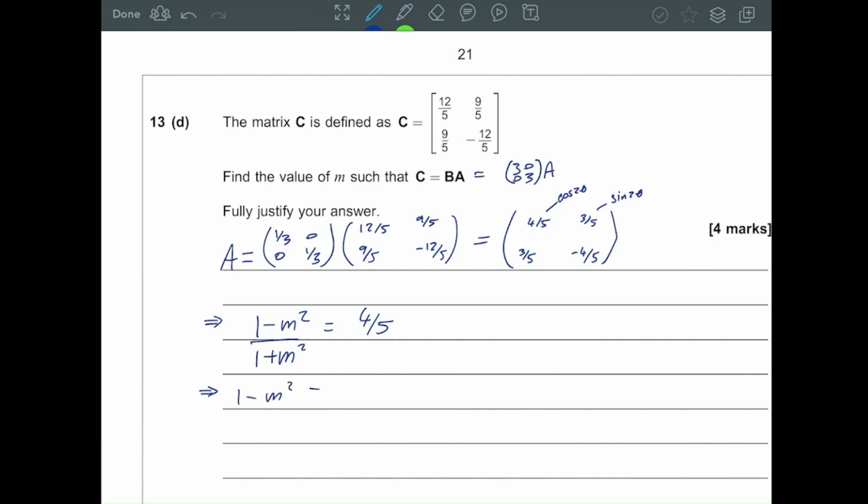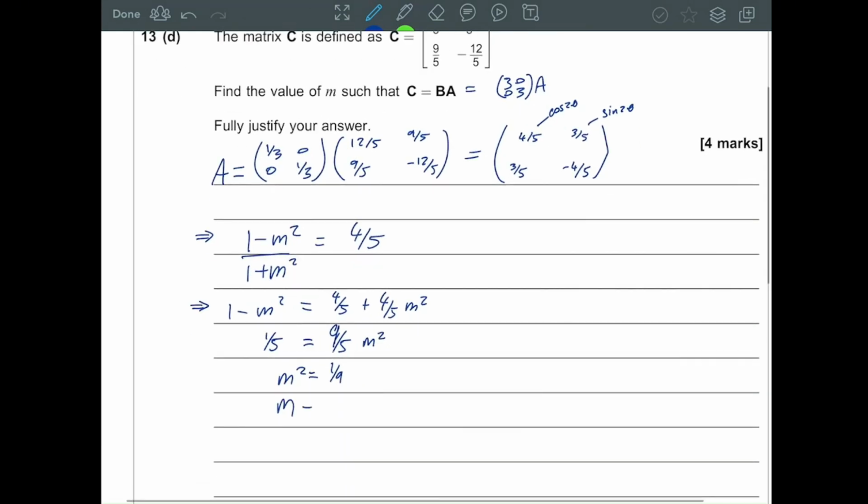1 minus m squared equals 4/5 plus 4/5 m squared. So that's 1/5 equals 9/5 m squared. So m squared equals a ninth. m is plus or minus a third.